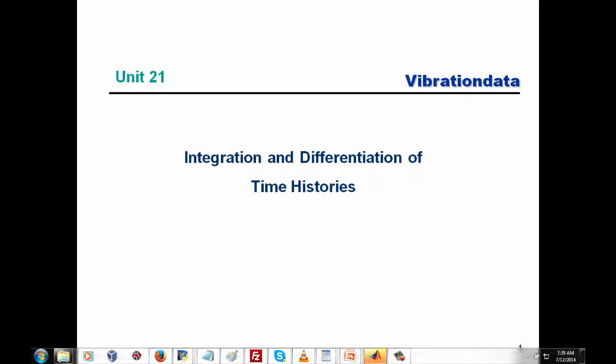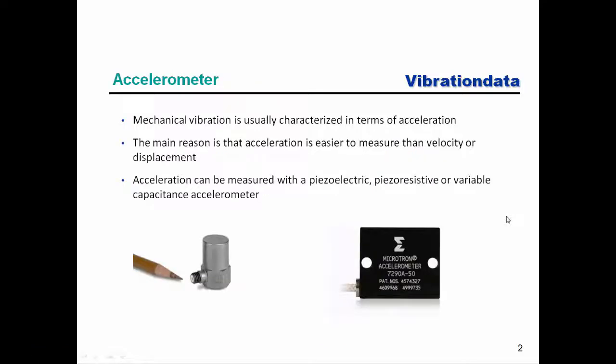So today we're going to be covering integration and differentiation of time histories. Now, typically when we measure vibration, the most common sensor is an accelerometer. So this is a very easy way in most cases to measure vibration. And it's easier to measure acceleration than it is to measure velocity or displacement in most cases.